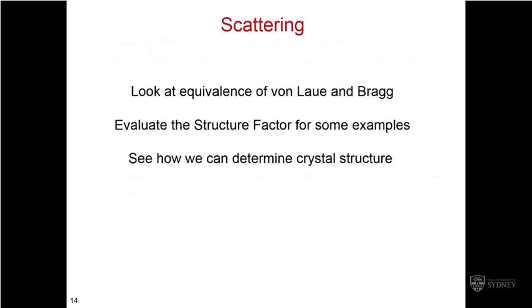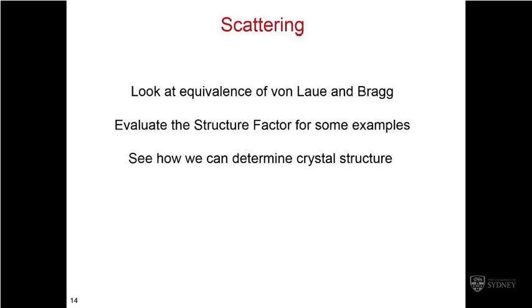So as I said before, the Laue condition and the Bragg condition, although they look different, remember the Laue condition was: incident wave vector minus scattered wave vector is equal to reciprocal lattice vector G, and the Bragg condition is 2d sine theta equals n lambda.